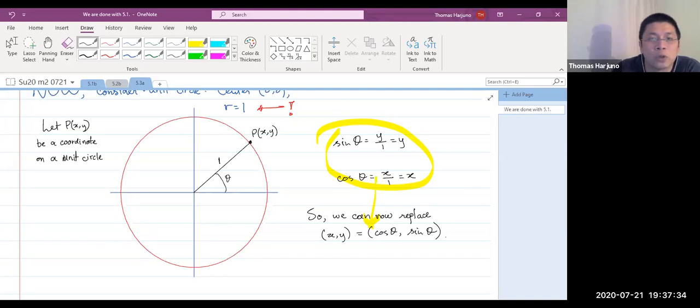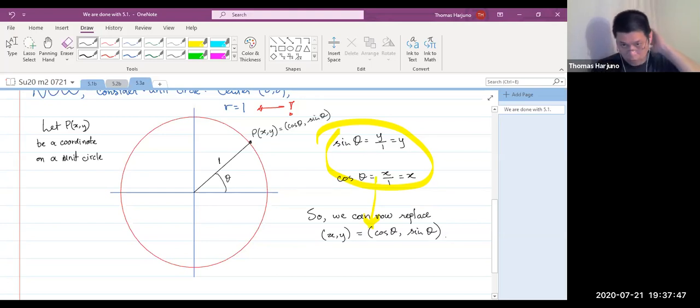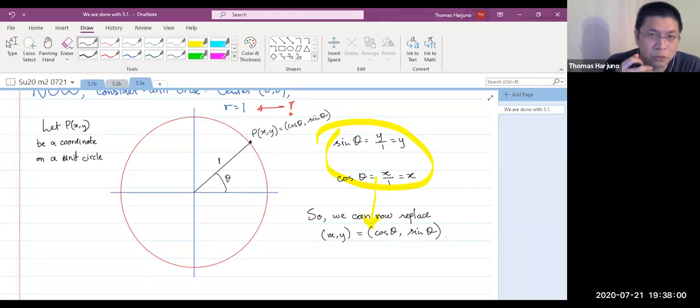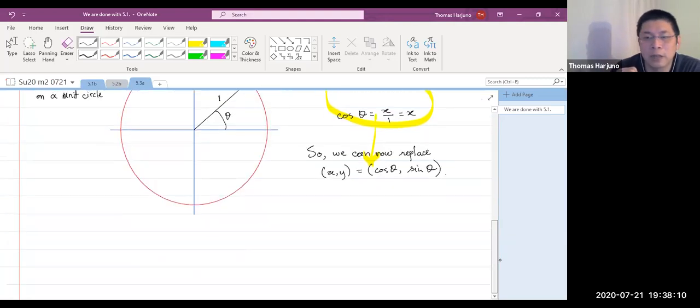So now I can write this as the x component is cosine theta, the y component is sine theta, as long as the radius is 1. Let me ask you to absorb that a little bit, as if I'm saying the following.